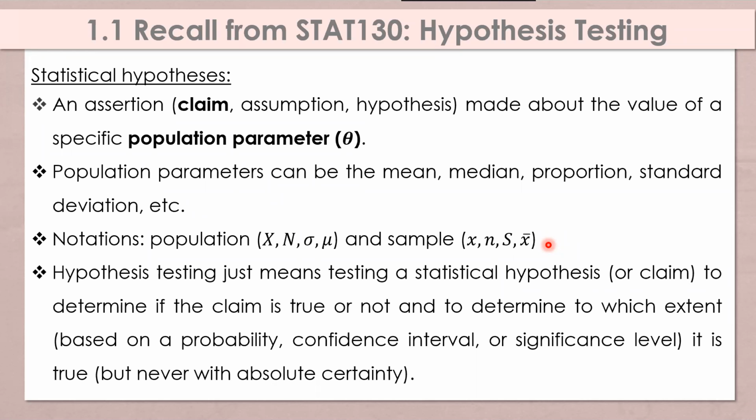But we are never 100% certain of our results. That's just something always to keep in mind when you are performing any statistical inference, that we are never 100% sure that the result is accurate.